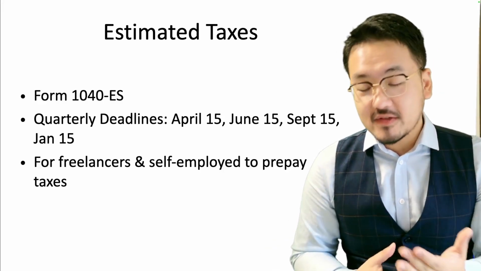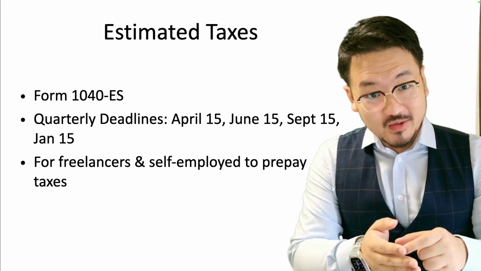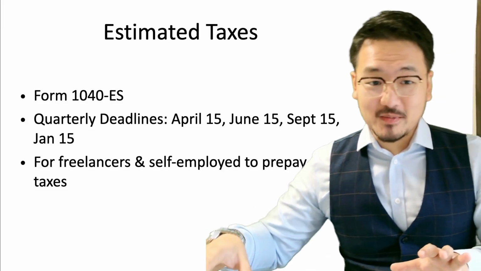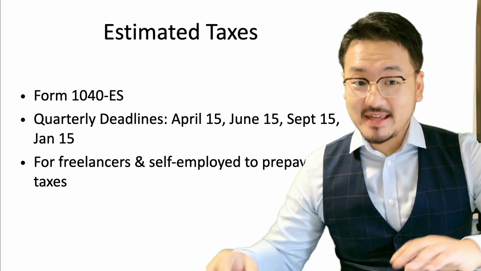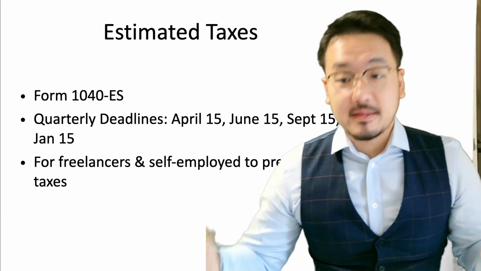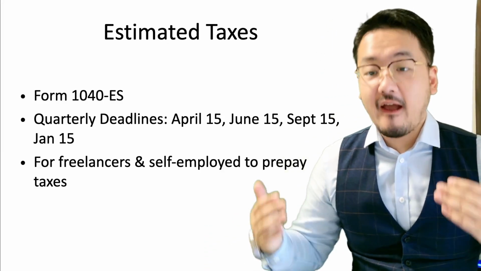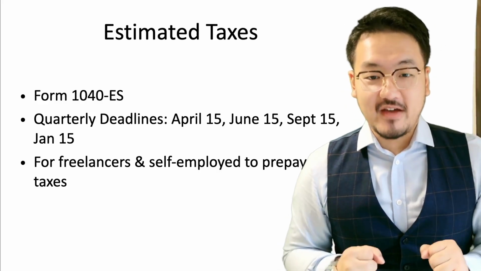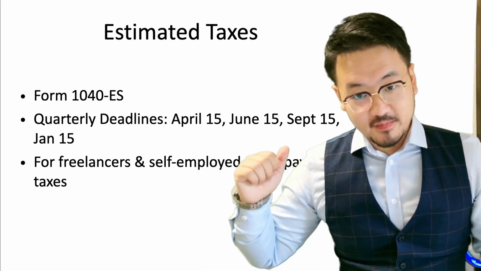That's April 15th, the middle of the quarter. Because it's estimated, you have to give them a little time to process this estimated information. So April, June, September, and January, the 15th of the month, with January falling in the following year.